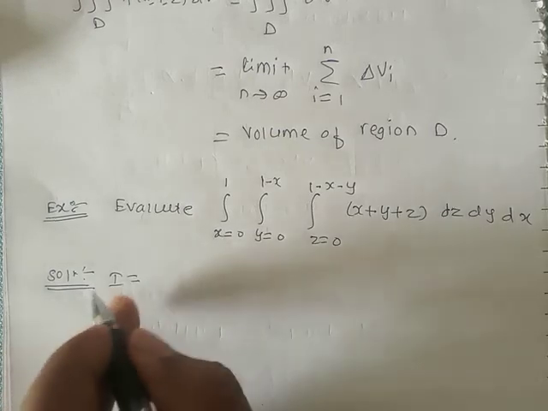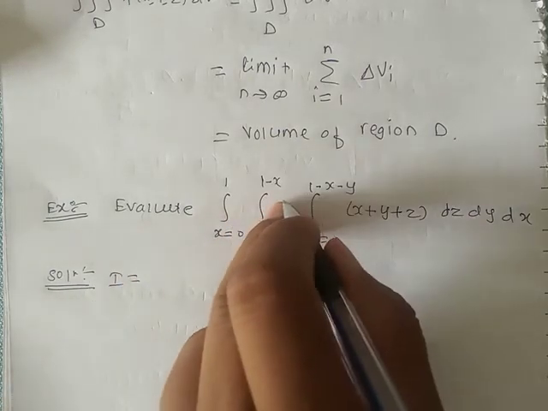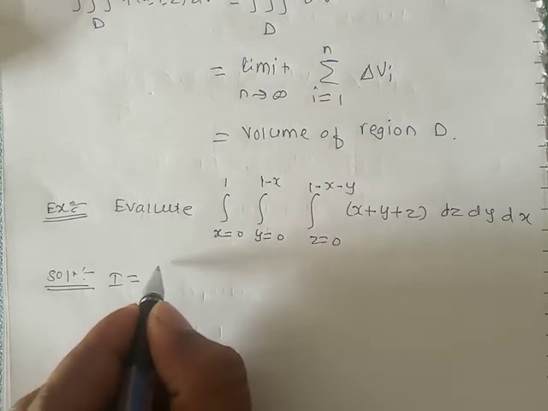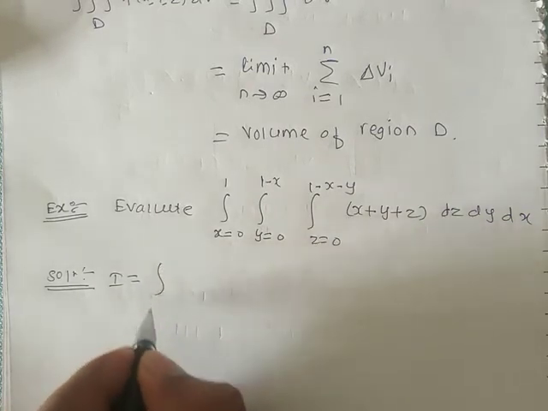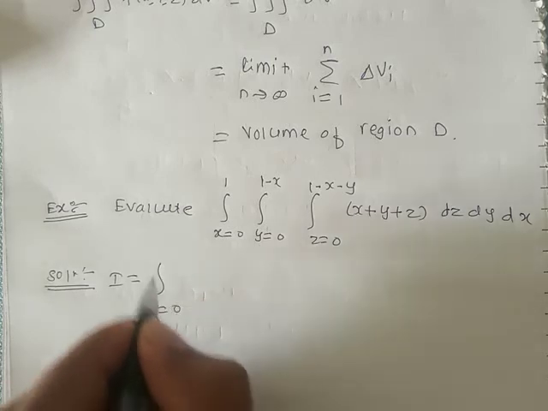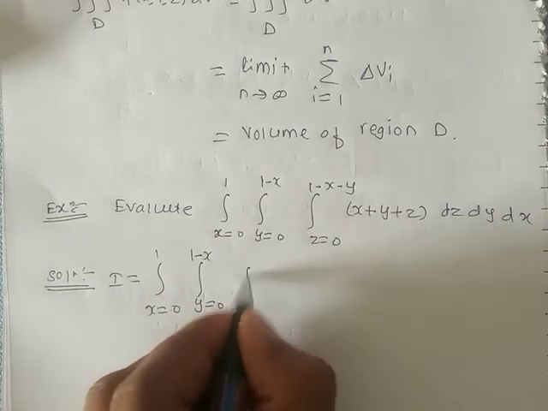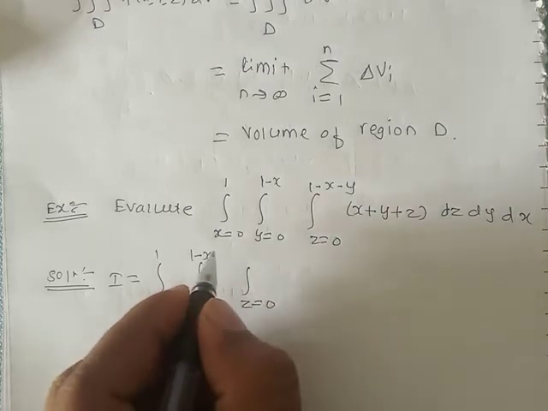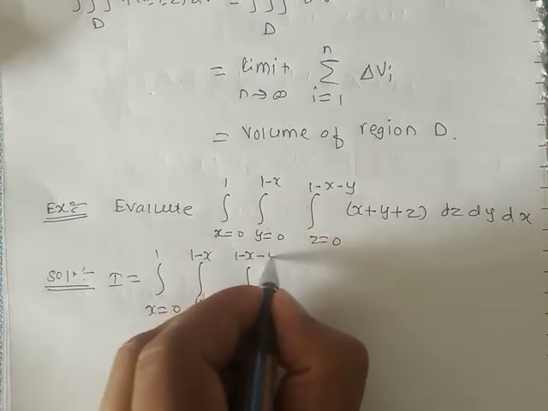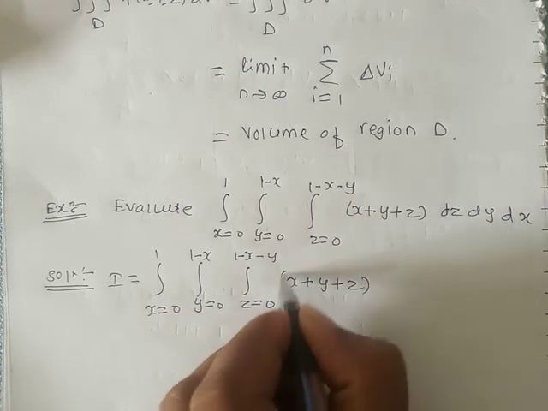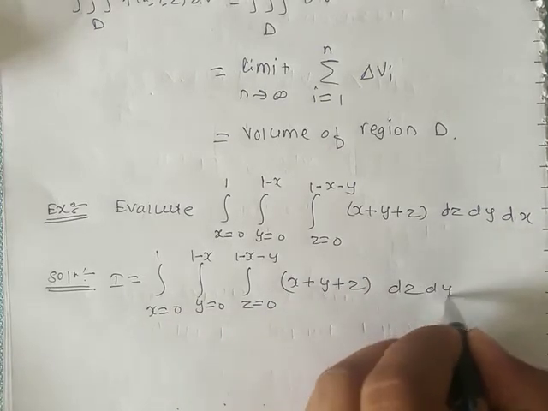Suppose capital I is equal to the given integral, then capital I is equal to integration from x equal to 0 to 1, integration from y equal to 0 to 1 minus x, integration from z is equal to 0 to 1 minus x minus y, x plus y plus z dz dy dx.